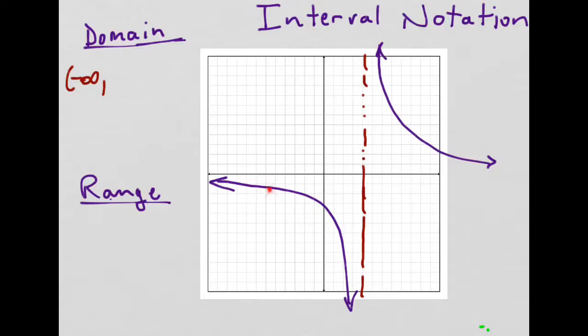So then we travel along the graph, and we get to the point where we've got a split in the graph here at 4. So I end that piece. I put a 4 here with a round bracket because it never actually gets to 4. It stops there. Alright, so then I use this U, because I've got a two-piece domain here, so that's my OR symbol in set notation.